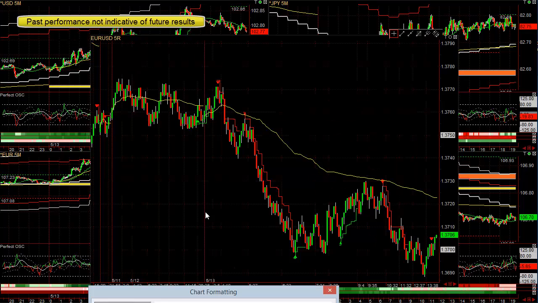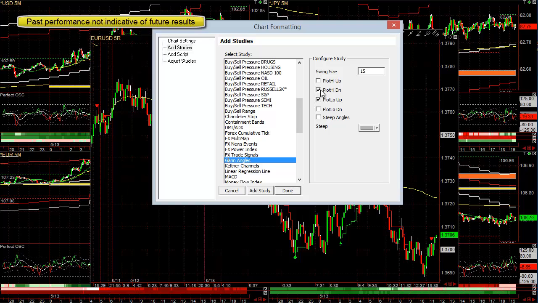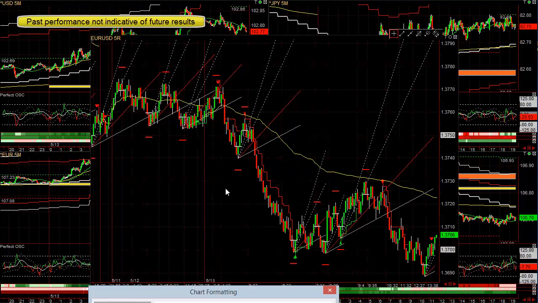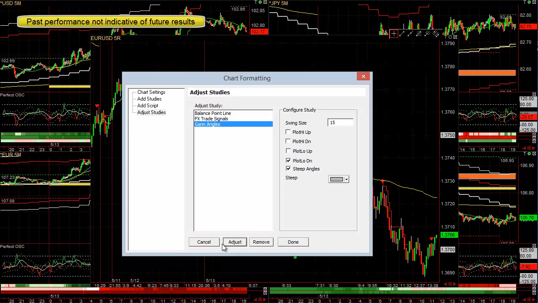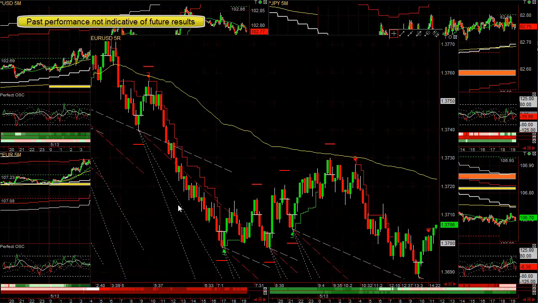And one of the ways that we're able to do that is with these extreme Gann angles. You plot it off the low and you hit steep angles here. And I haven't released this yet. You can plot them up or down. I want to plot them off the lows. So plot low down with steep angles. And you can see that this low, the market was kind of slightly underneath the 45-degree angle.